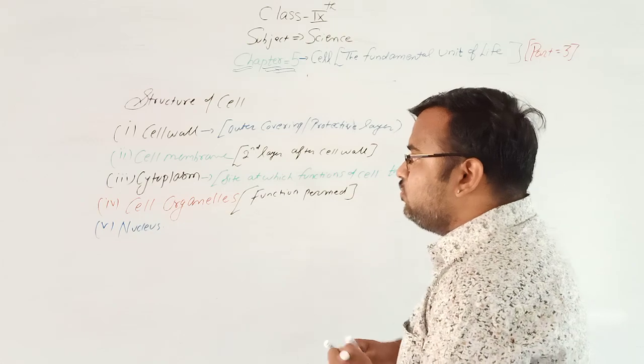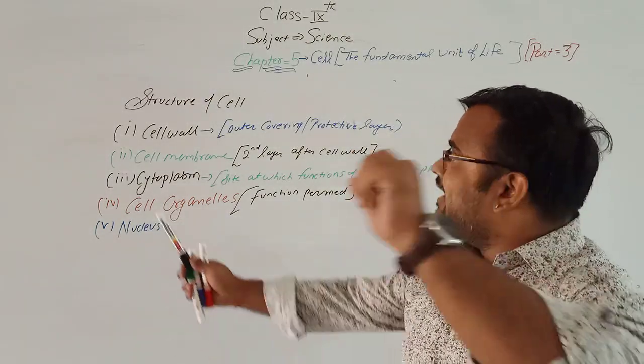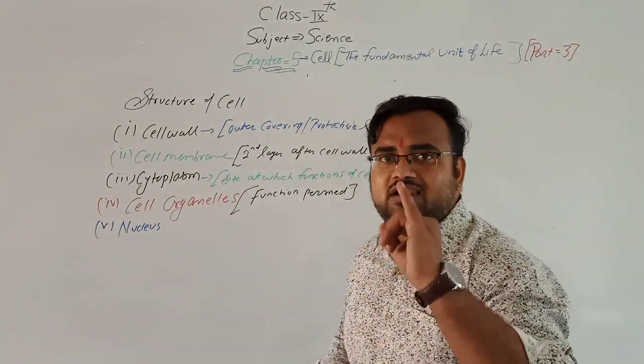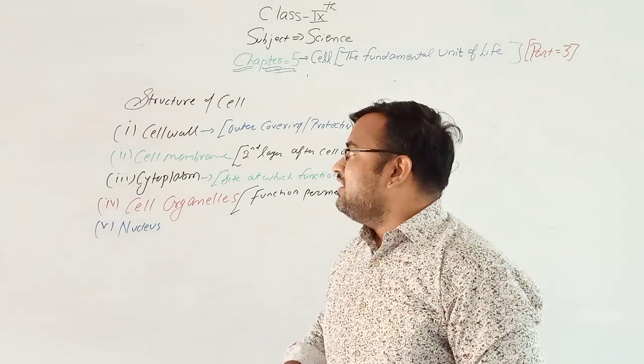And last is nucleus, the center part. So any cell should have 5 structures: cell wall, cell membrane, cytoplasm, cell organelles, and nucleus.